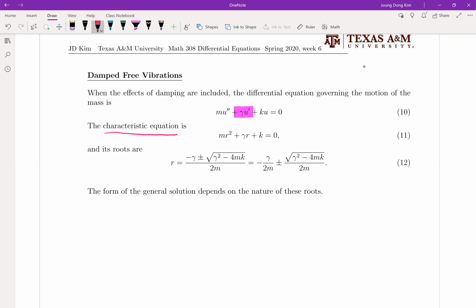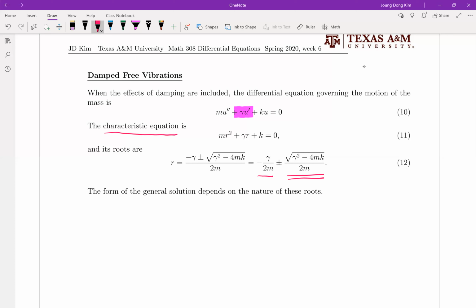And here, we would like to write minus gamma over 2m and the square root part separately, because depending on this square root part, we're going to have different situations. First, whenever gamma squared minus 4mk, which is under the root, is positive, you're going to have the exponential function form of the solution.